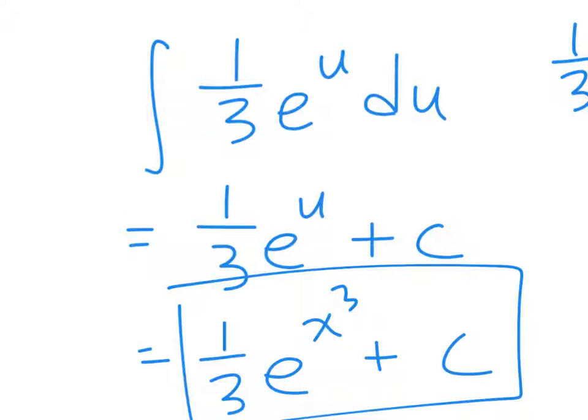The derivative of u is just 1, because the variable right now is u. So when we substitute in, we're only going to focus on u. x is gone. Once we figure out what it is with u, then we put x back in.